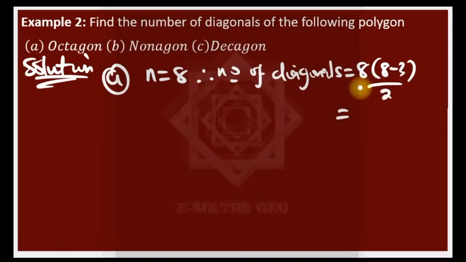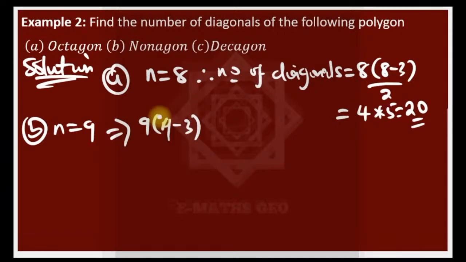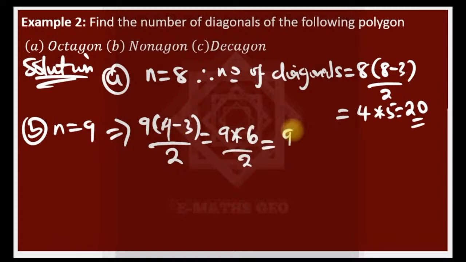Working through the arithmetic, we have 27 diagonals.